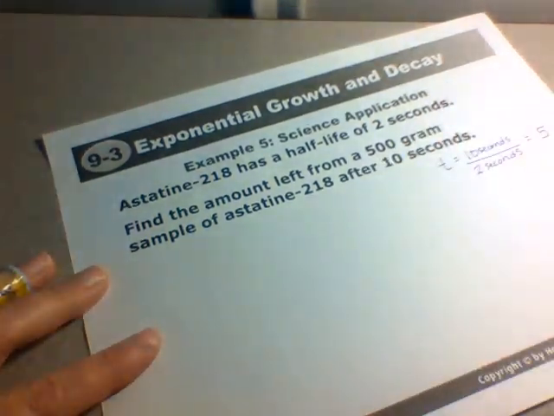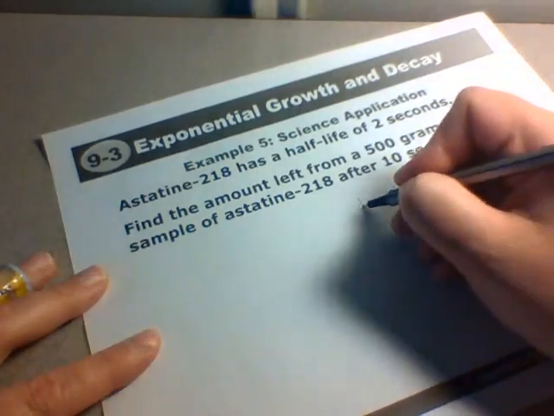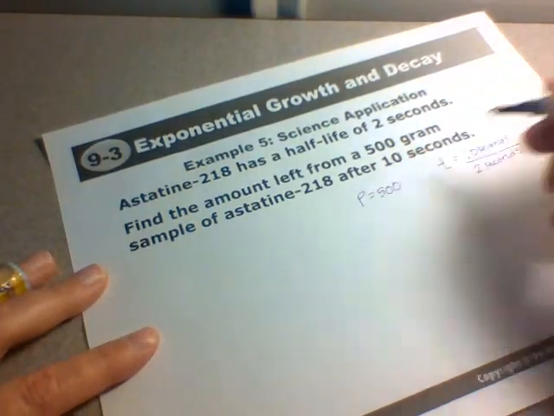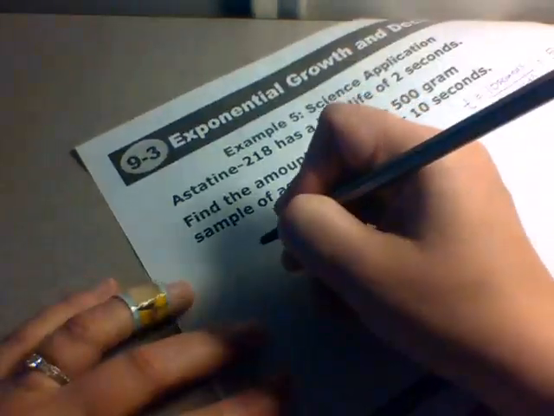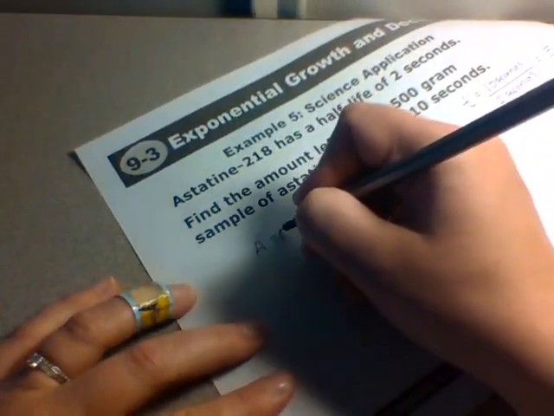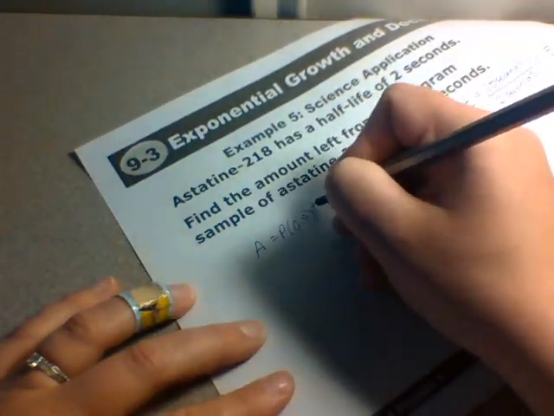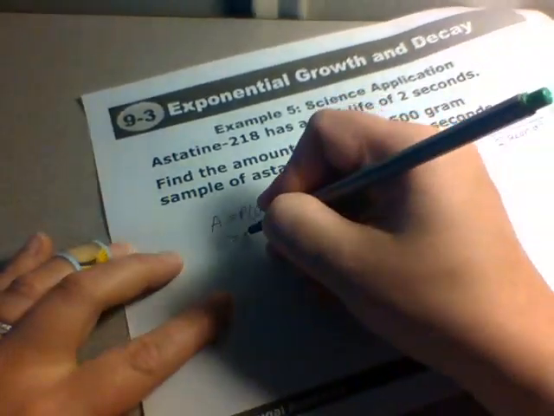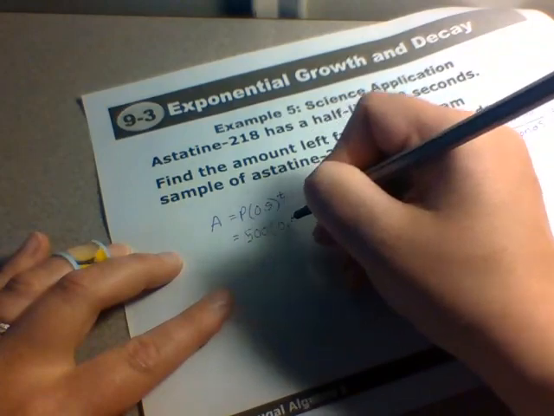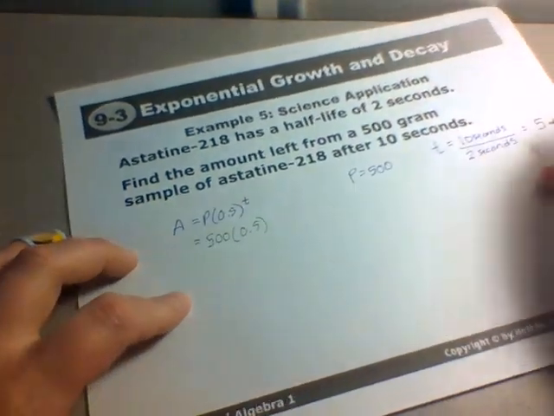The P value, the original amount, is 500. And so we're going to put that into our equation. So the equation, remember, is A = P(0.5)^t. So we're going to plug in a P of 500, and our T is 5.